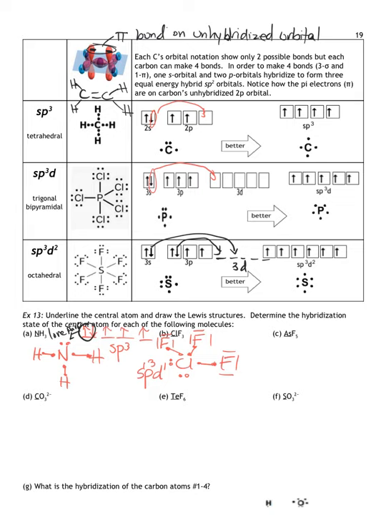Now let's look at the next one. Arsenic pentafluoride. So around arsenic, there's 5 valence electrons, and I know that each one will be bonded to each of the fluorine atoms.